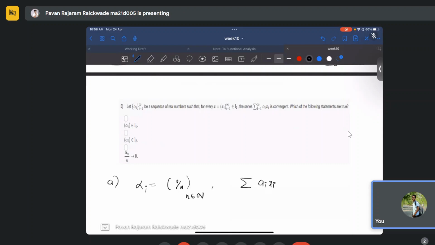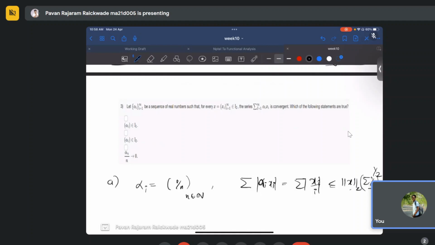Then the summation of alpha i xi equals the summation of xi by i, and the modulus is less than or equal to norm x 2 into the norm of 1 by i squared. Yeah, I mean the summation of 1 by i squared is 1 by 2.